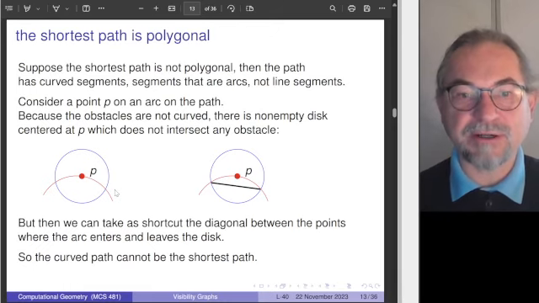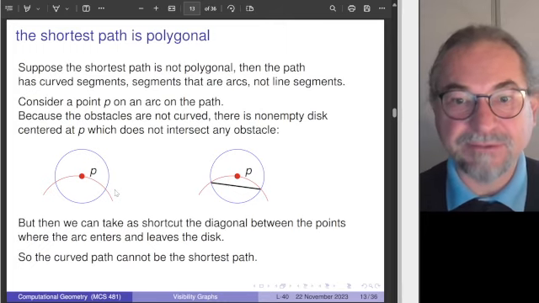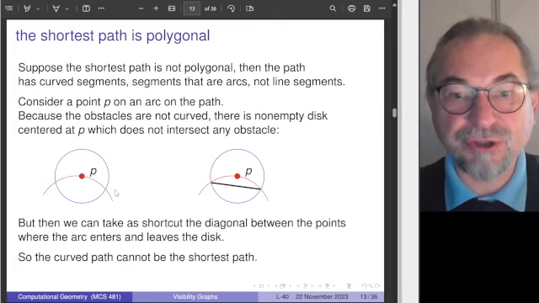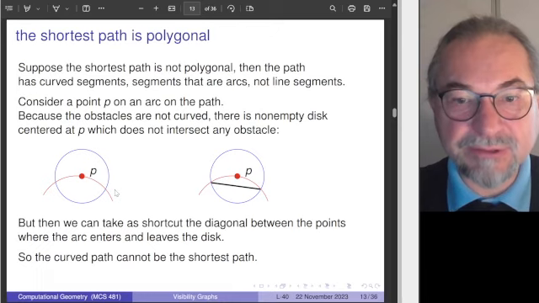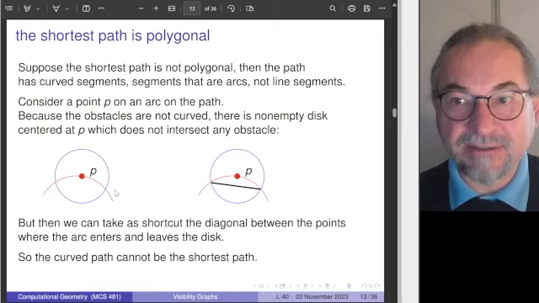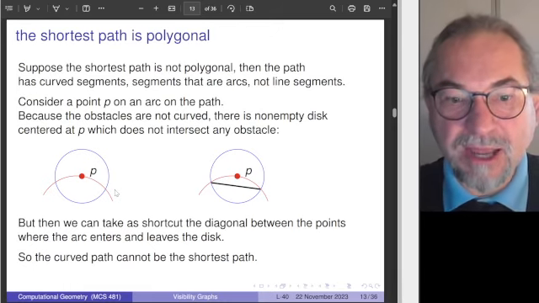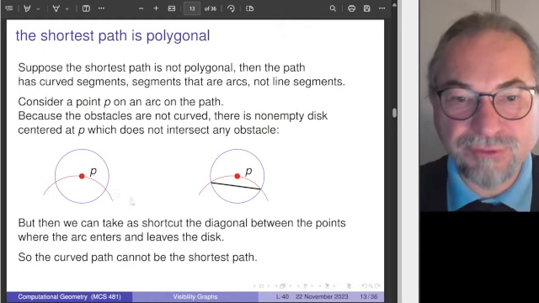So you have an arc somewhere. Well, if you look at the left and the right, in some sense it is a picture proof that you can replace that arc by a line segment. So the black line segment is obviously shorter. So if you take an arc, you can always take a shortcut. And you say, but you know what?